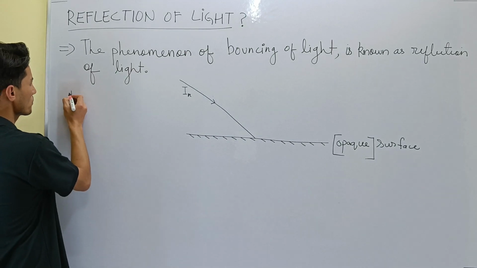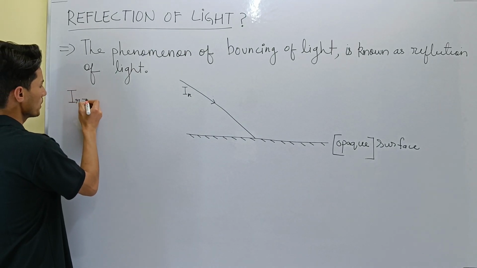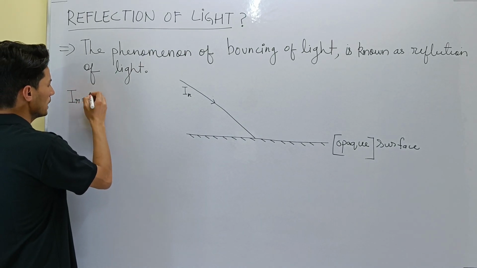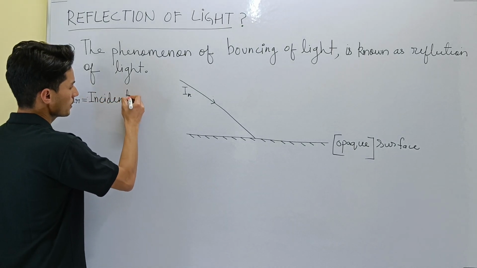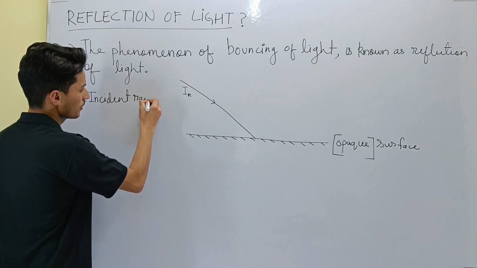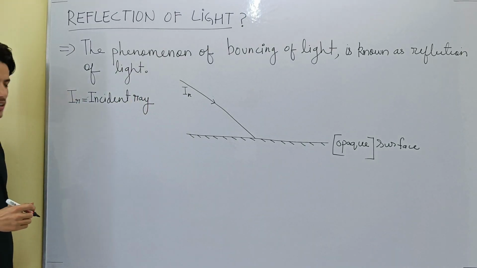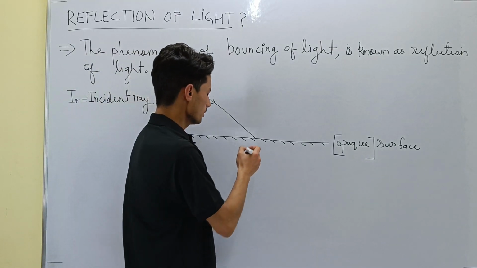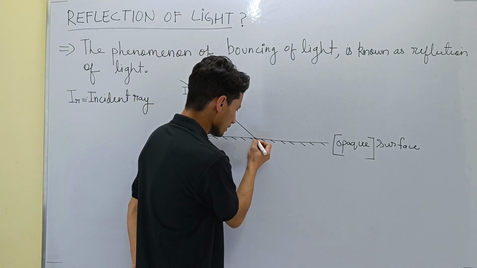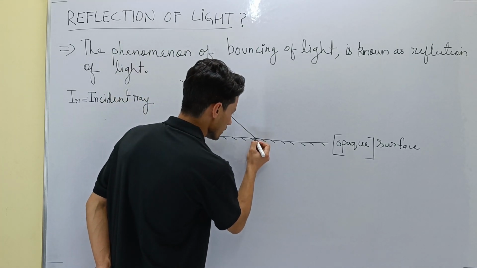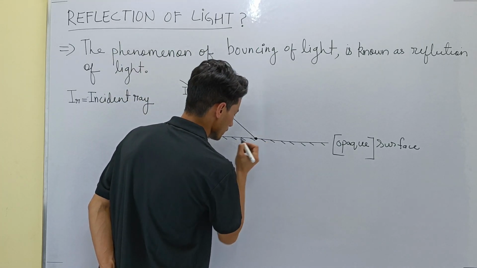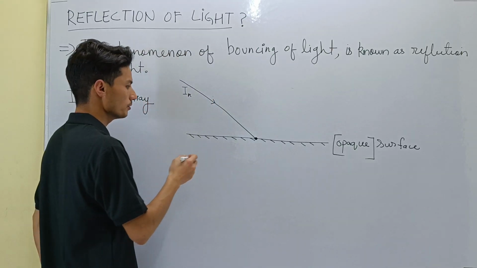So the important terms, let's write here. IR means incident ray. Now this point where it touches the surface is very important. Let's make it a little bigger, because this point is going to be very important.